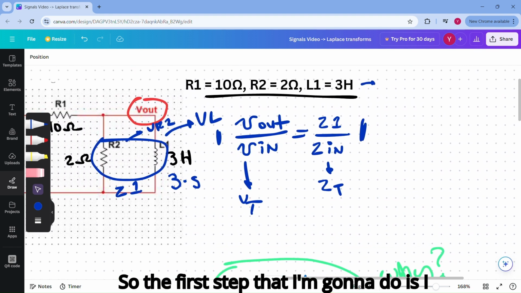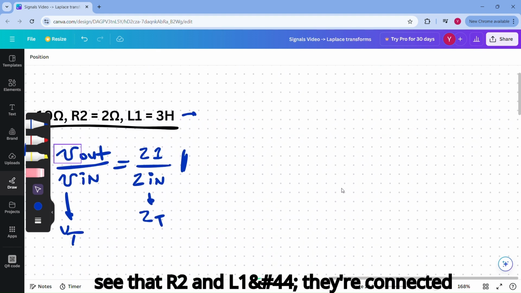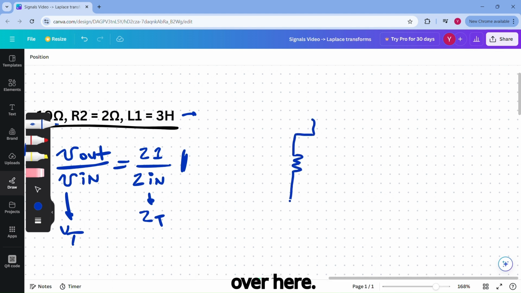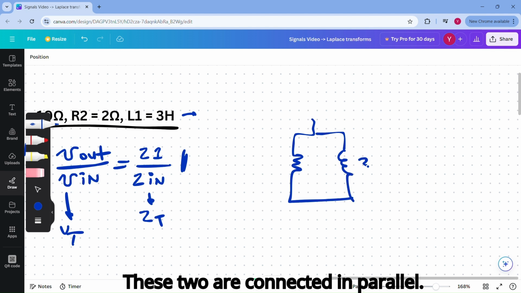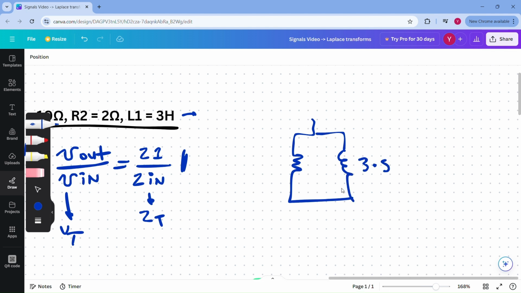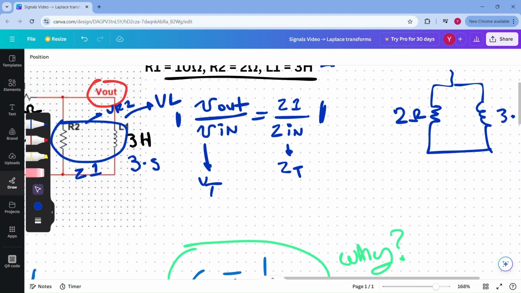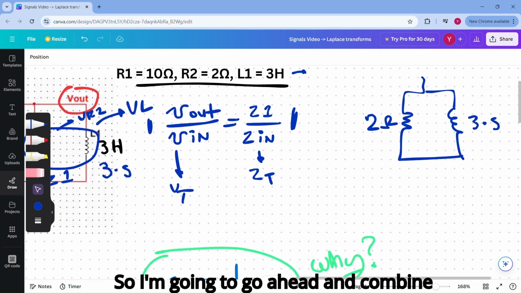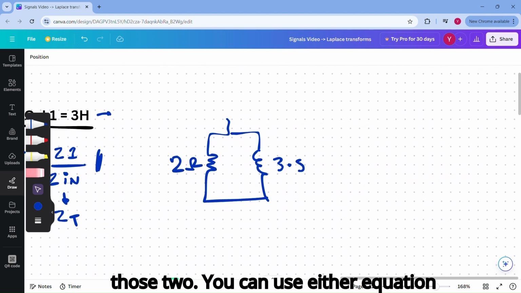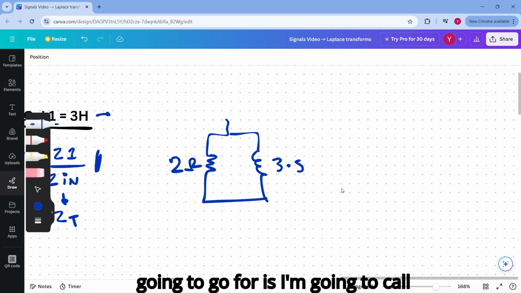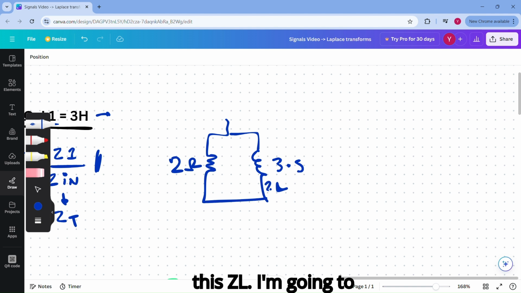So the first step that I'm going to do is, I see that R2 and L1 are connected in parallel. I'm going to just draw it again over here. These two are connected in parallel. We said this was 2 ohms. So I'm going to go ahead and combine those two. You can use either equation for what you want to do. The equation I'm going to go for is, I'm going to call this ZL.